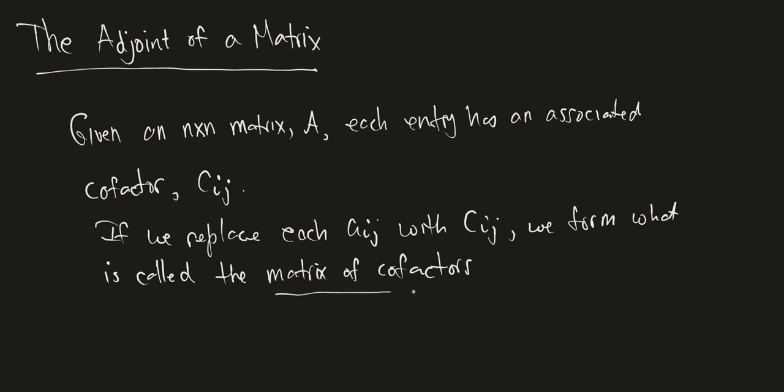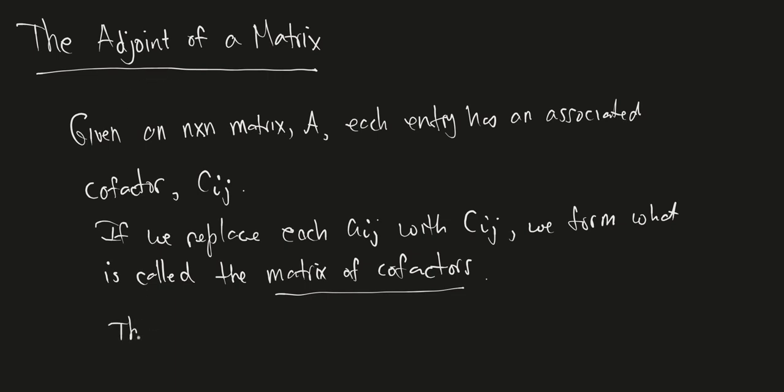And that in itself is important, but it turns out the transpose of this matrix of cofactors is what we really need to get to. And that's what we define as the adjoint of a matrix.